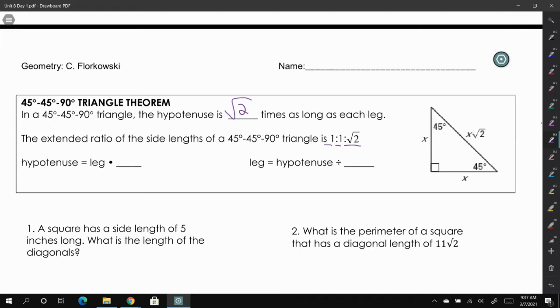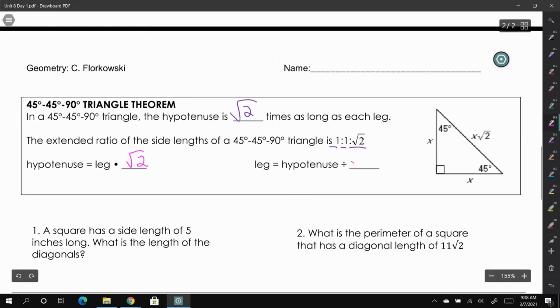So if we know one of the legs or one of the sides of a 45-45-90 triangle, it could be any one side, we could find the other ones. And like we discovered on the page above, the hypotenuse is equal to the leg times the square root of 2, and the leg is equal to the hypotenuse divided by the square root of 2.